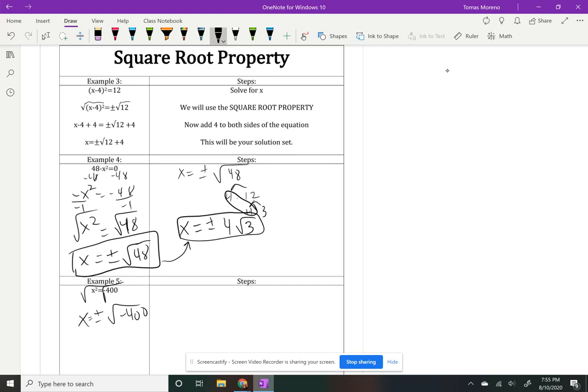So we have x equals plus or minus the square root of 400 times the square root of negative 1, because this becomes an i. The square root of 400 is just 20. And that's our answer: x equals plus or minus 20i.